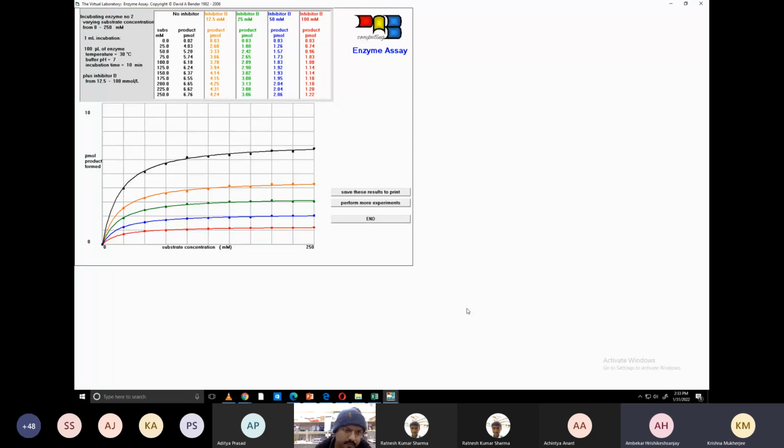If the data is different on V versus S, then any plot that you make of combinations of V and S, whether it is 1 by V versus 1 by S, or V by S, or S by V versus S, or V versus V by S, all these three plots will have different slopes and different intercepts at different inducer concentrations. And that will allow you to judge by doing your algebra at the back end what is the nature of the inhibition and what is the inhibition constant.